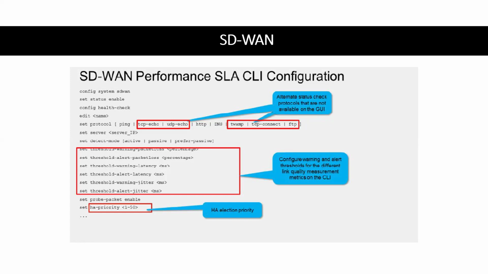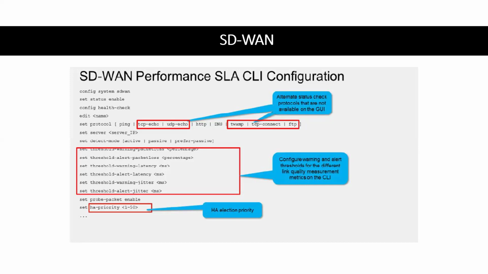And then you can configure health checks and SLAs within the actual CLI. As you can see, you can set the protocol, set the server, set the detect mode, and the thresholds for latency, jitter, and packet loss. You can also set the HA election priority.